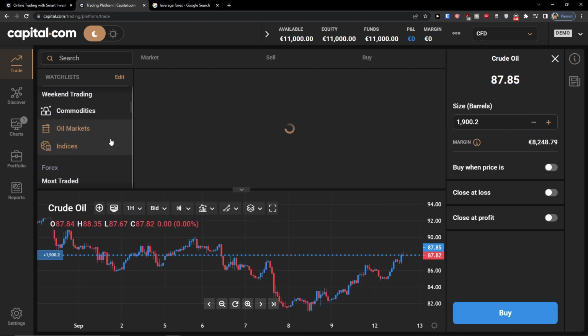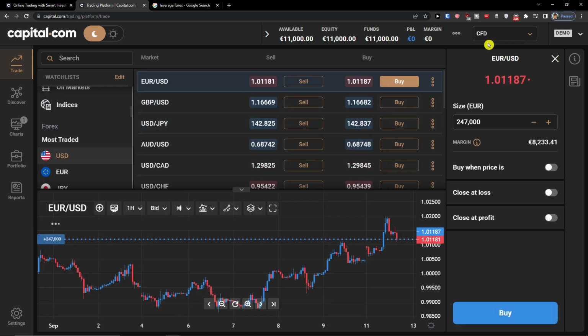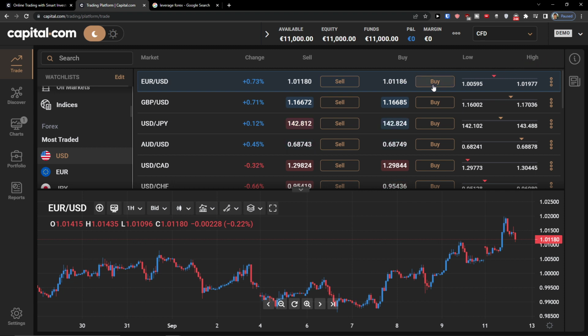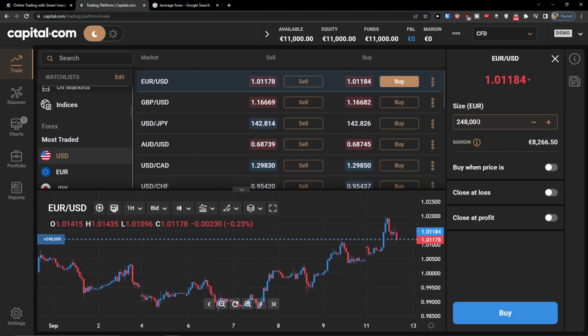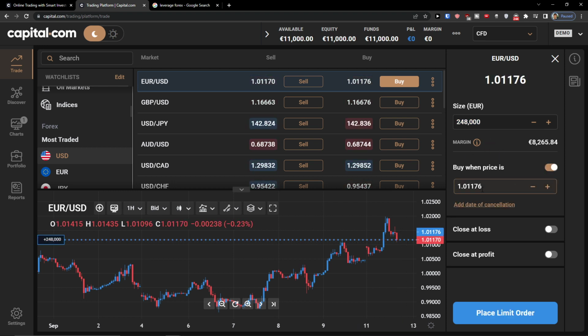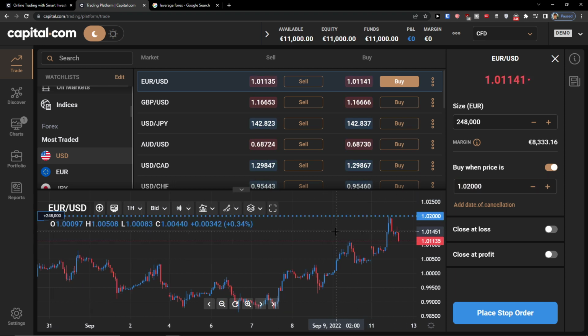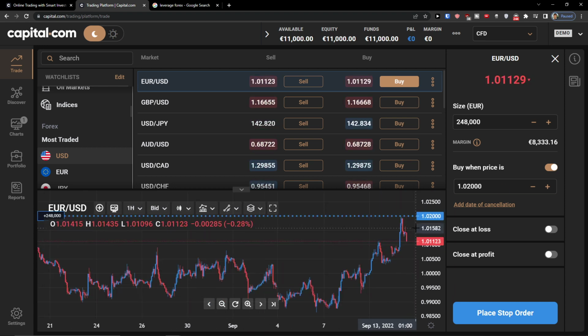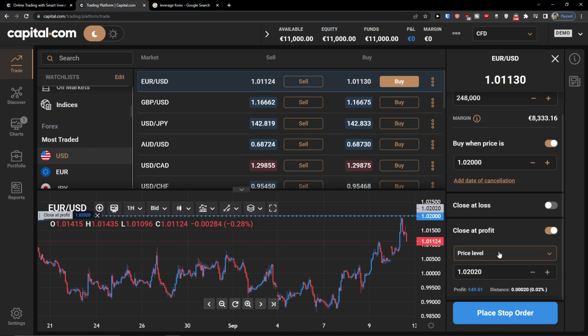So let's say that we're gonna go on Euro USD, which is 30 to 1. Let's say we're gonna buy it, and let's say we're gonna buy when the price is going to be here, and it was when? In August 15, and we can close at profit.